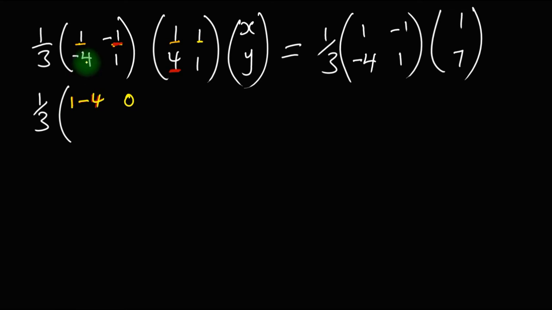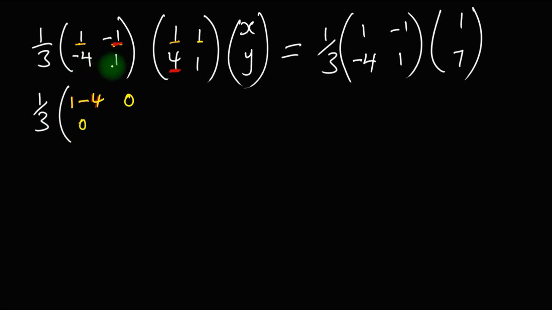Then the other part, we get to the second row, we multiply the second row times the first column of the second matrix. So we have -4 times 1, -4, plus 1 times 4, which is 4. So -4 plus 4 is 0.